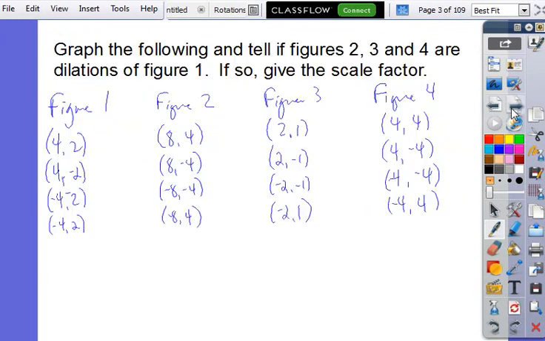How can I look at this right here and say that figure 2 is or is not a dilation of figure 1? Times by 2. Can I take figure 1 and multiply it by something to get figure 2? If you can, there's your scale factor and it's a dilation. If you can't, then it doesn't. What about figure 3 compared to figure 1?